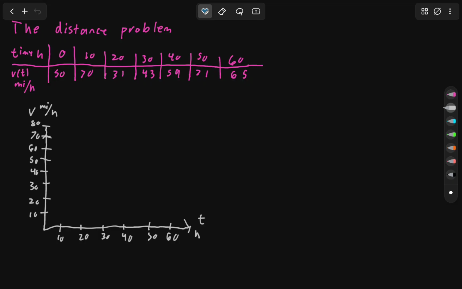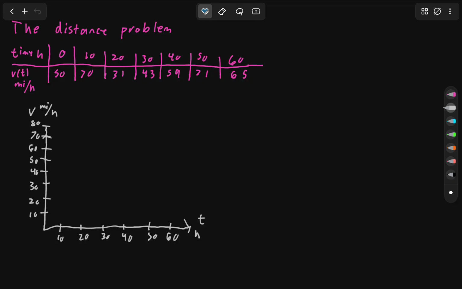But now, our issue is, what if we are given a velocity but want to get back into position? And the big issue with this is, as of right now, we can't really do that. You can't take a derivative of velocity and get position. You can take the derivative of position and get velocity, but we can't go the other way around.